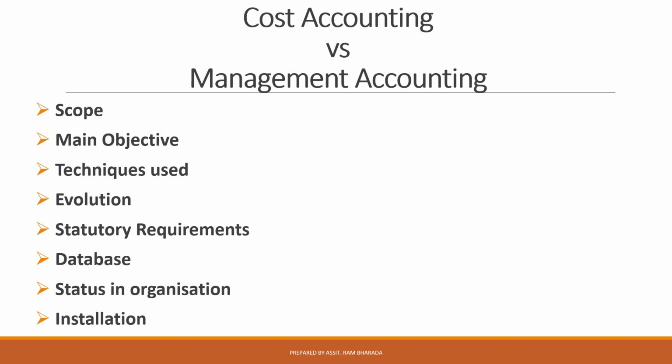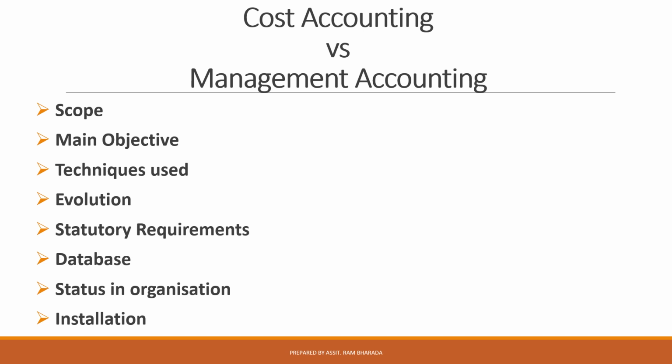For a few or limited companies that mainly work in the manufacturing segment, it is compulsory to prepare cost accounts, whereas management accounting is not compulsory to prepare. In cost accounting, we use the database of financial accounting.